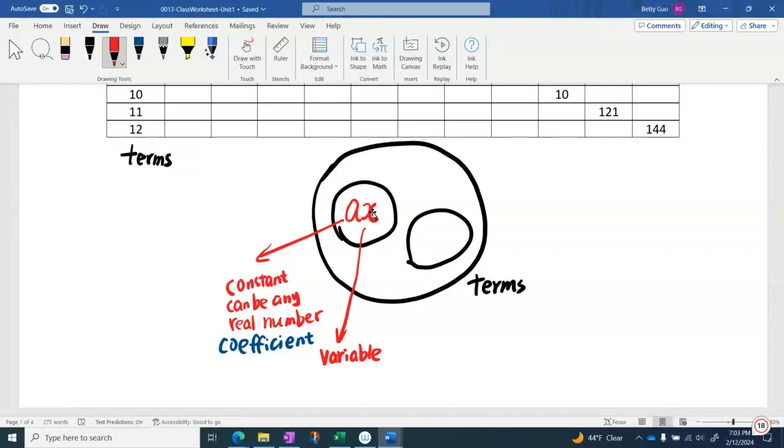It has two parts multiplied together. It is a number multiplied with a variable. Whenever you see a number multiplied with a variable, that thing is a term. Okay, it is a term. For example, let me change the color, black. Let me write something and you can tell, okay?